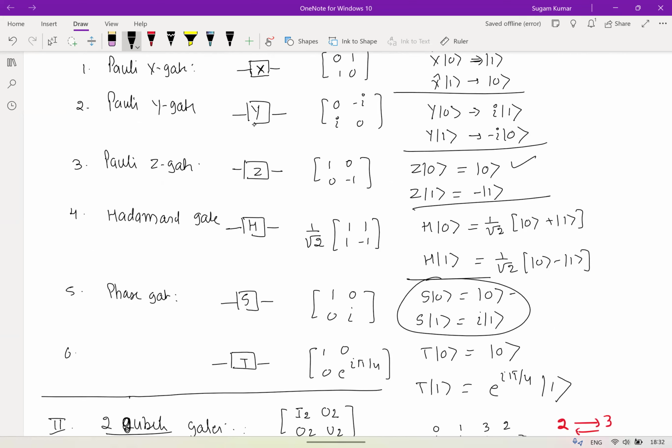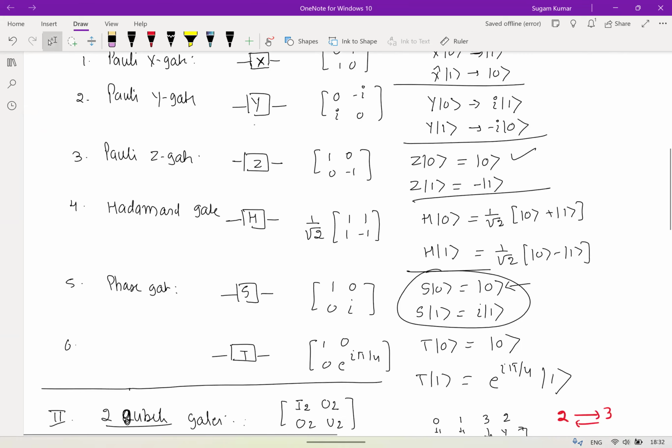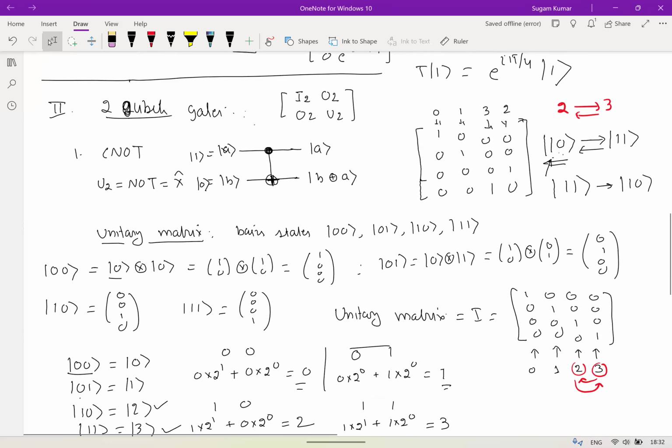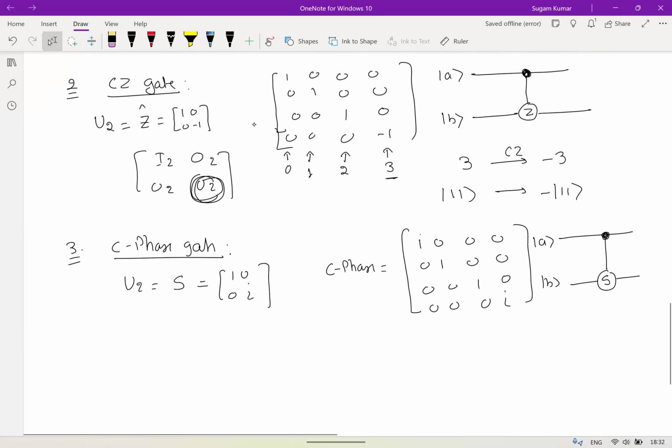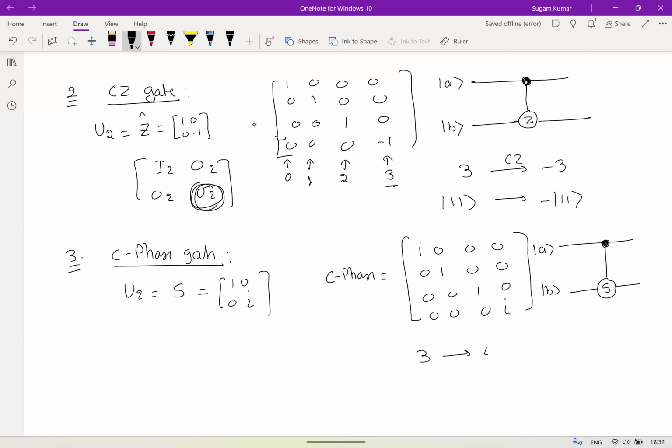It does nothing on the 0, but it makes an impact on the 1. It is going to make it i times 1. So that is the task here. It is the same as CZ. It is going to make the third entry i times the third. It means if you have 1, 1, and you apply the C phase gate, it is going to make i1, 1.